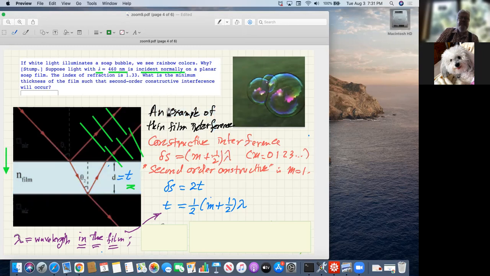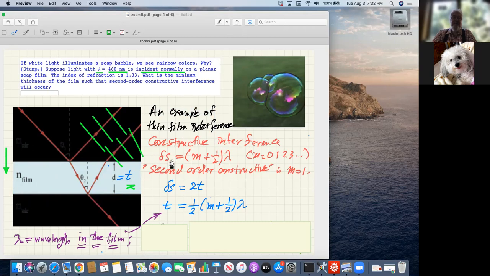So this is an example of thin film interference, where the film is the soap film. And the constructive interference is given by the same equation as for Newton's rings.